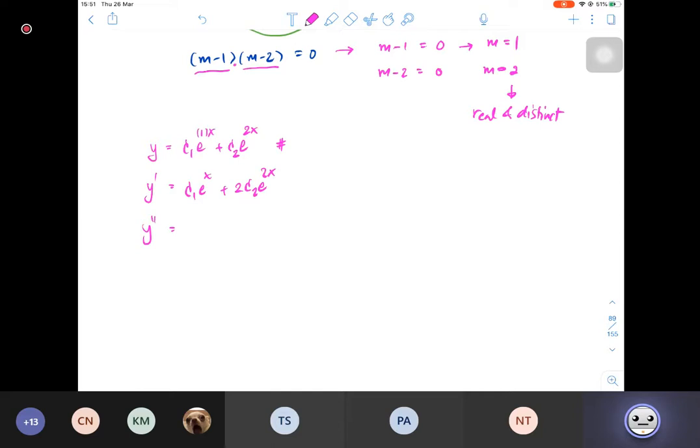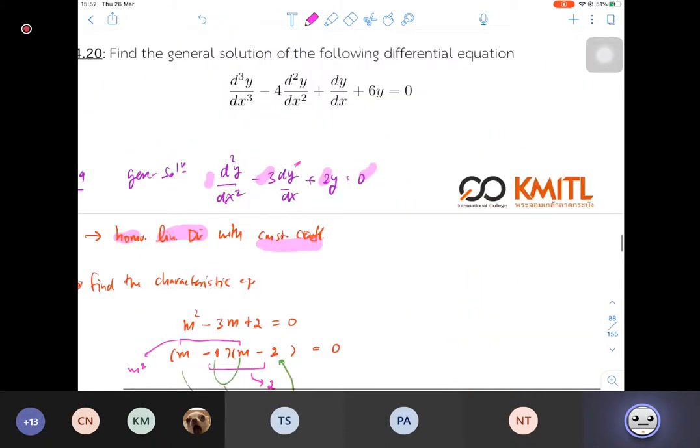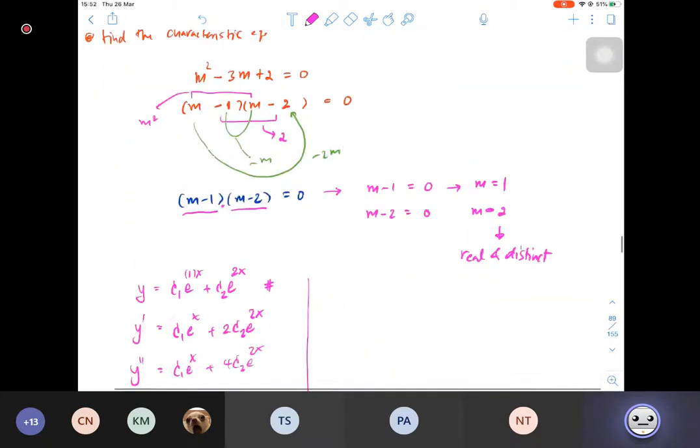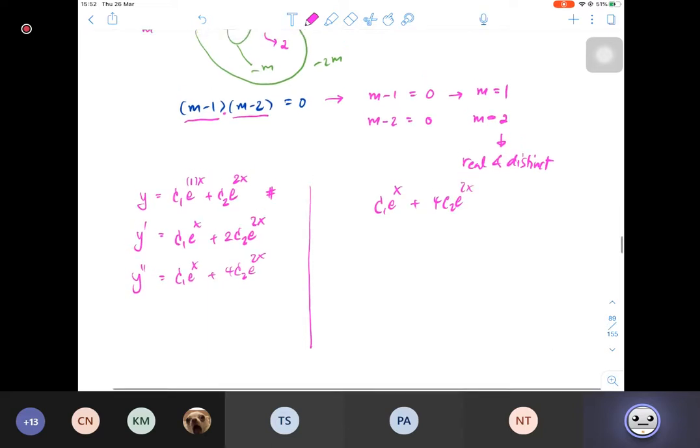The second derivative would be C1 e to the x plus 4C2 e to the power of 2x. Let's check whether this works out. The first term is d squared y by dx squared, which is C1 e to the x plus 4C2 e to the power of 2x.